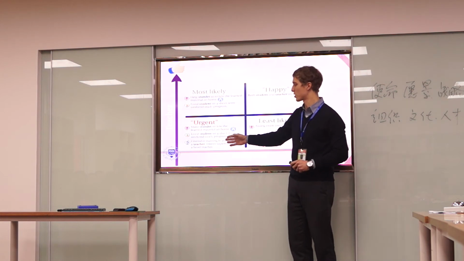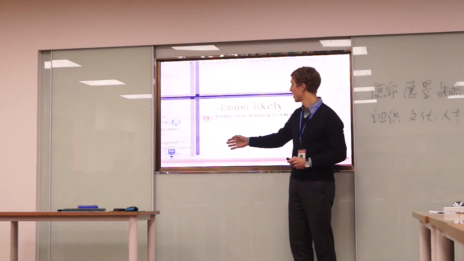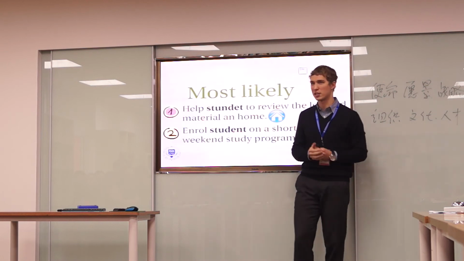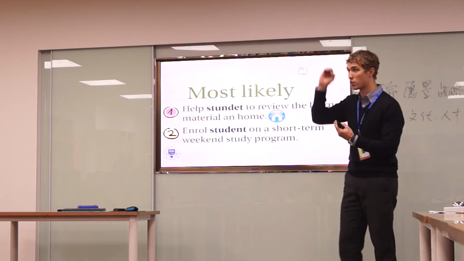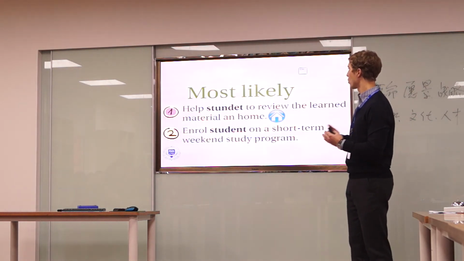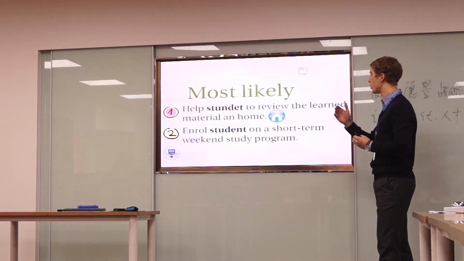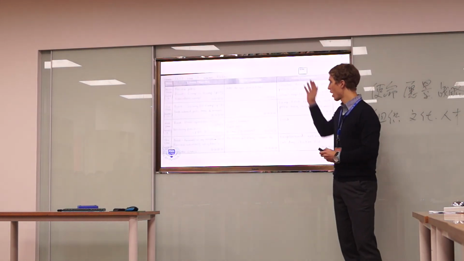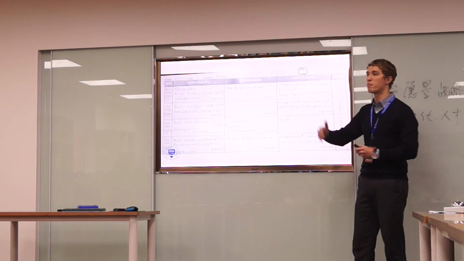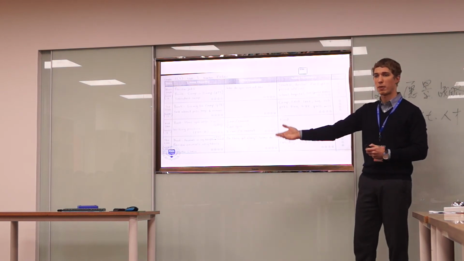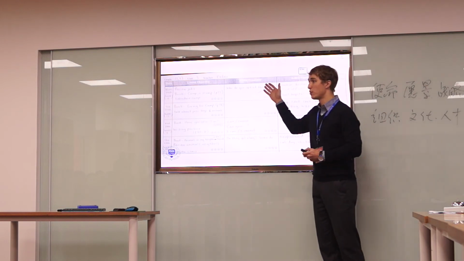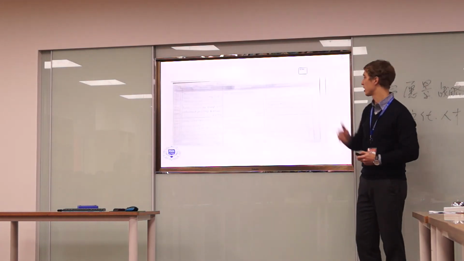For some reason, students are not doing well, not attentive in the class. So what do we do in this case? How do we fix the problem if teachers are doing well, but students are not doing well? We can help students to review the learned material at home. How do we do that? We provide our lesson plans that you can pass on to parents, and they can revise the active vocabulary, active grammar with the kids.